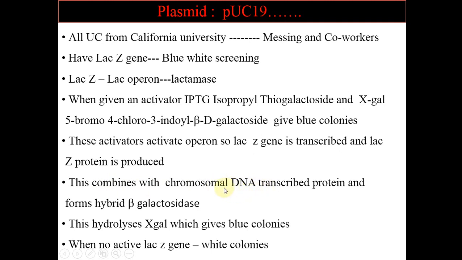So it is known as alpha complementation. It is complementing the defect of the host cell by providing the N-terminal of beta-galactosidase. It is called blue-white screening because blue and white enable you to differentiate between transformants and non-transformants.